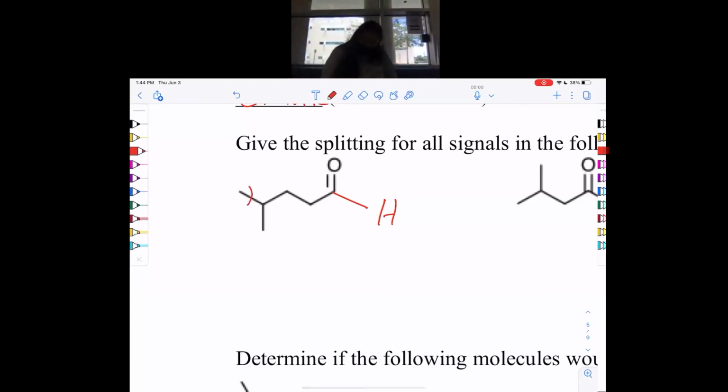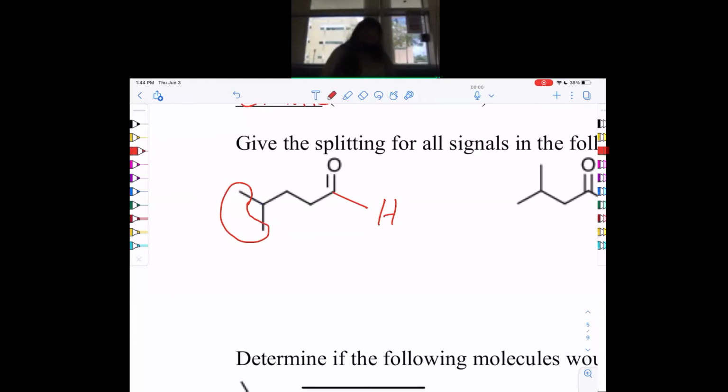So this is considered internal symmetry. These two methyls are going to be exactly the same. So people who said yes and people who said no are both kind of right. There's no symmetry across the whole molecule, but there is internal symmetry right here. So remember that.